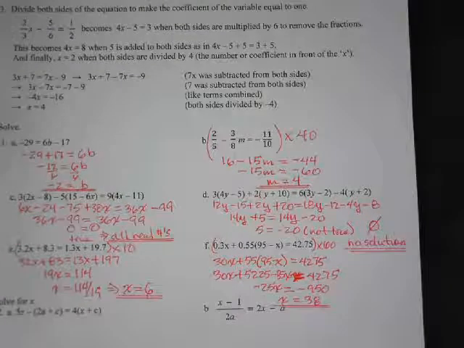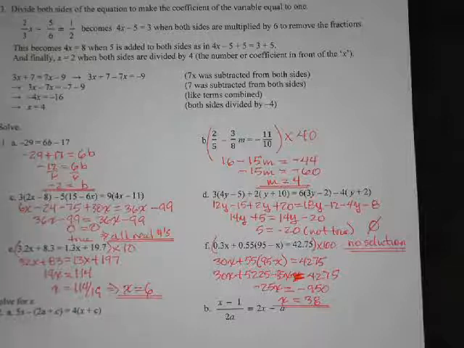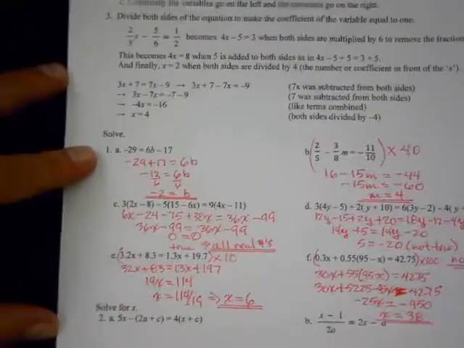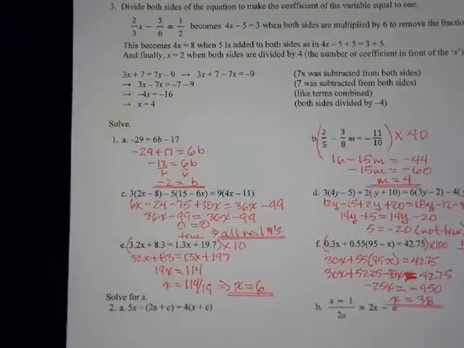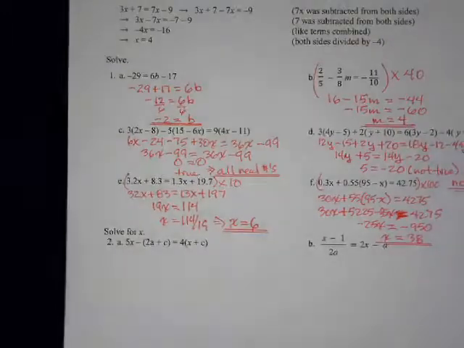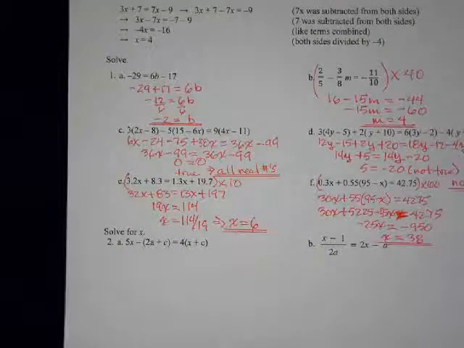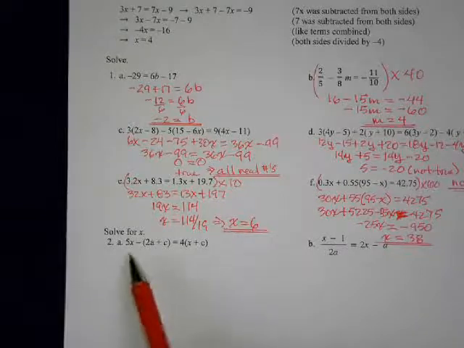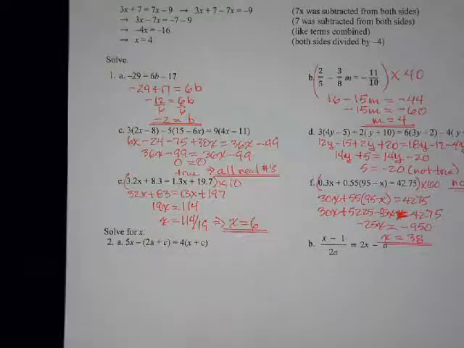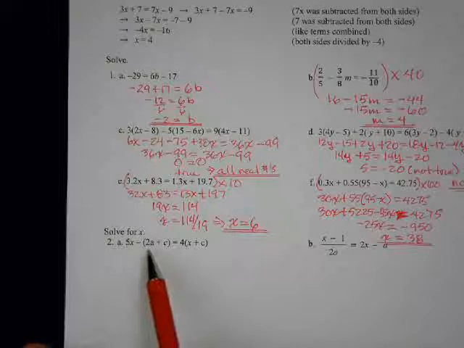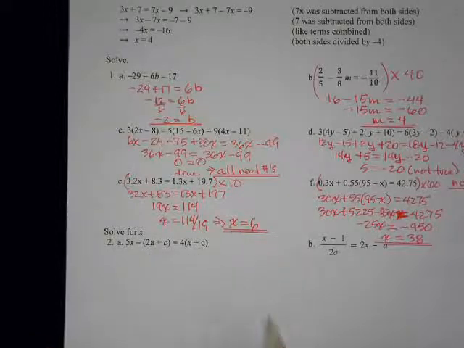All right, 2 to go. First off, I have not only x's, but I have some other variables that have not been defined at this point. That's okay. None of the rules change just because I have 2a and the c involved.